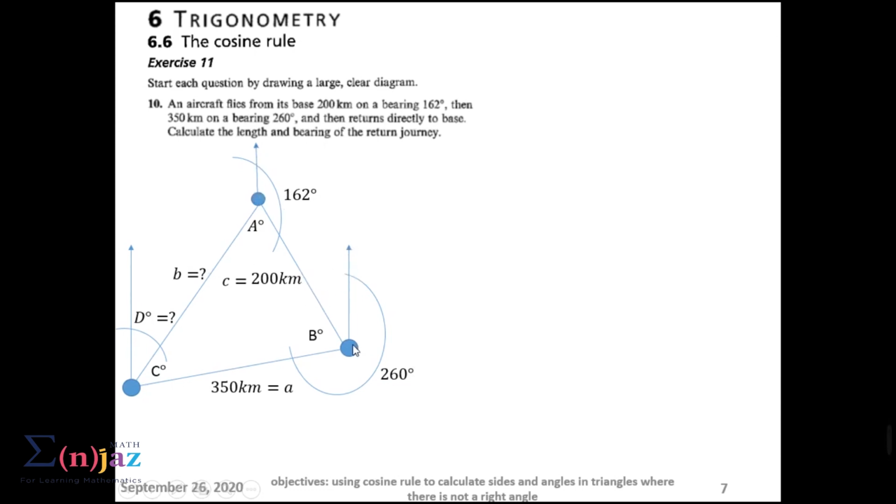Because north, north, they are parallel, and these two angles create the U shape here, which makes them co-interior angles. So if we name this E, the 162 degrees and the E angle are co-interior angles, and co-interior angles add up to 180 degrees. Accordingly, angle E is equal to 180 minus 162. Angle E is equal to 18 degrees.